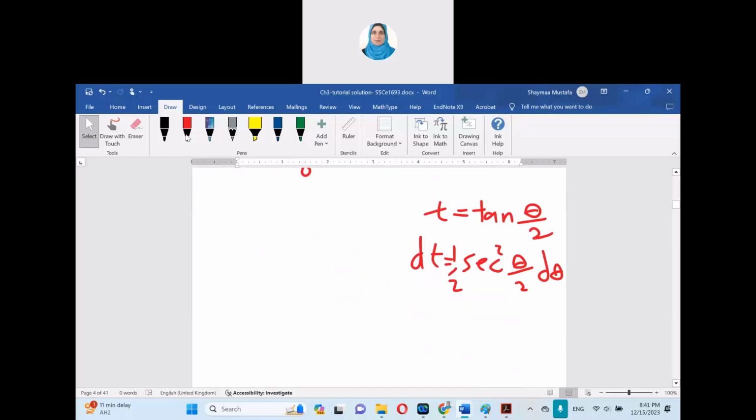So 2 dt equals sec squared of theta over 2, which is 1 plus tan squared of theta over 2.